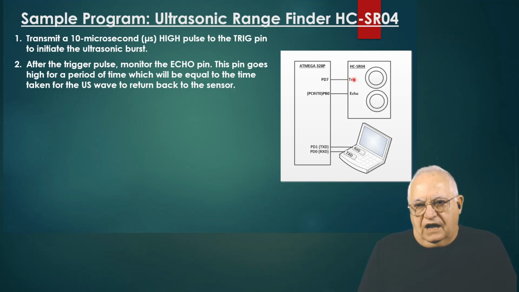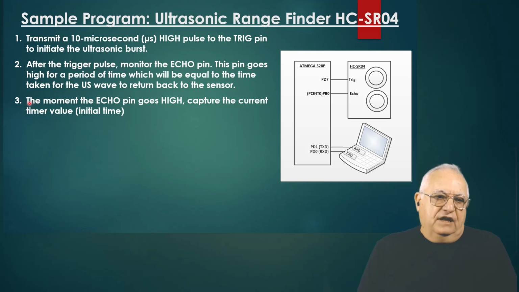So it goes high as soon as it sends the signal, and it remains high until it gets the signal back. So if we figure out how long it took from the time the signal went high till it went low, then we'll know how far things are.